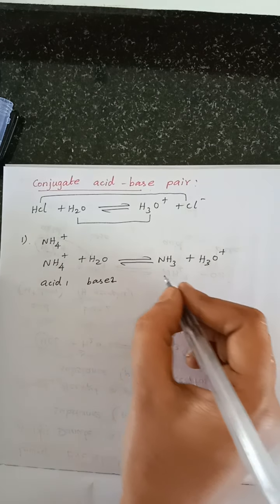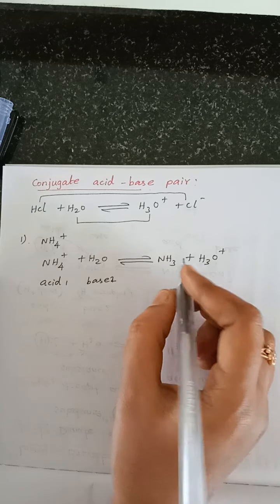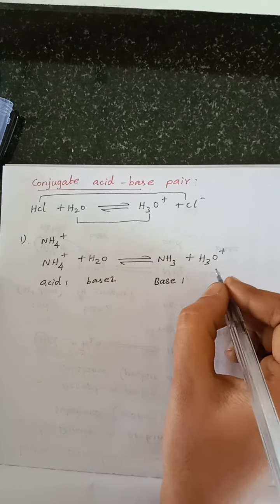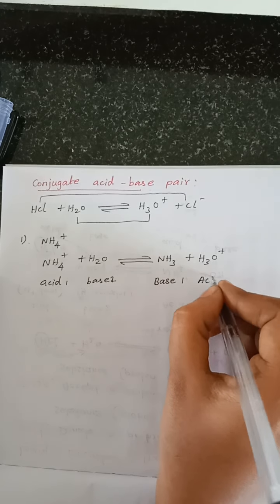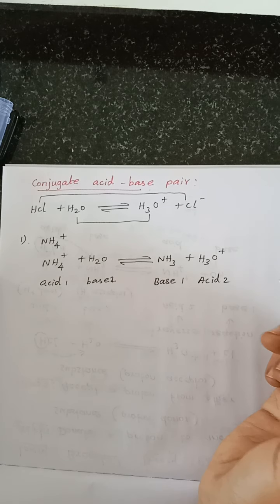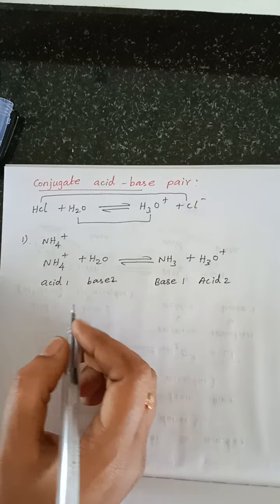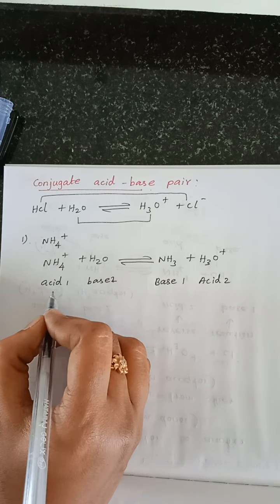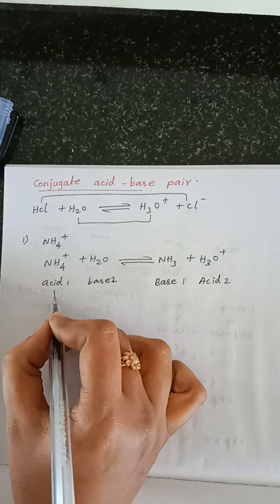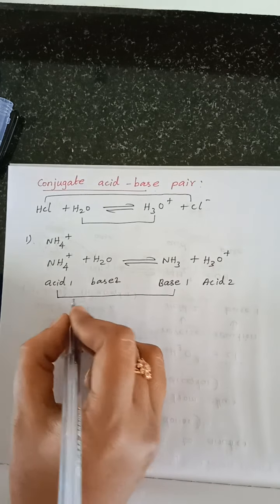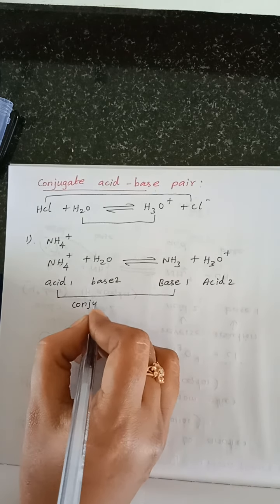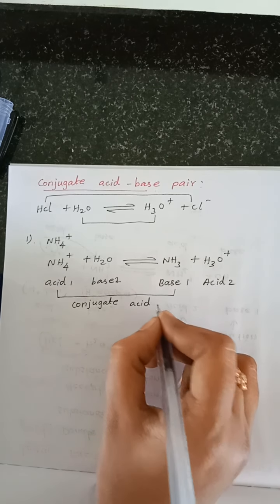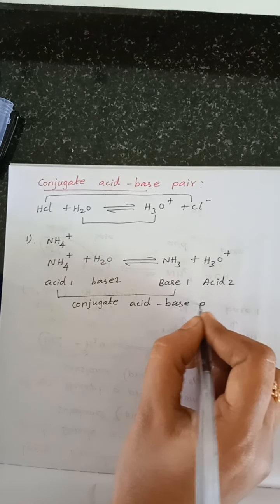Then NH3, ammonia, is base 1, and the hydronium ion is acid 2. So you write the conjugate pair. The conjugate pair is NH4+ to ammonia. This is one conjugate acid base pair.